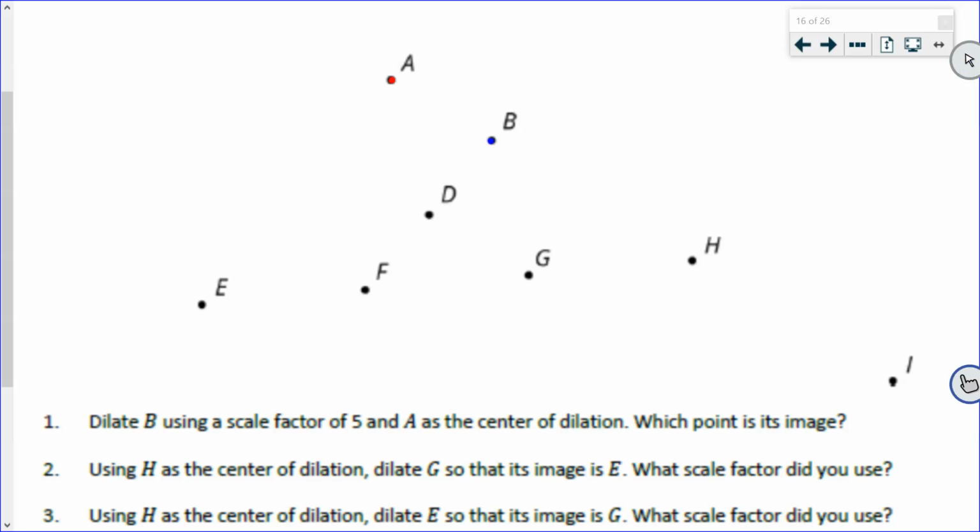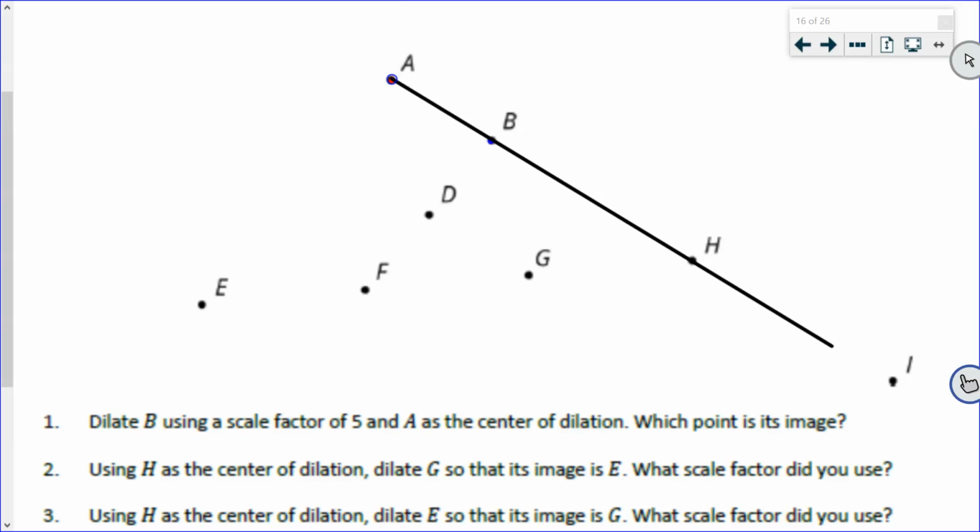So I want you to remember what this looks like. When I do a dilation, the center of dilation and the point and the new point are all going to lie on the same line. So I can see that A and B are on the same line. And when I'm dilating this, it's going to lie somewhere on that line.